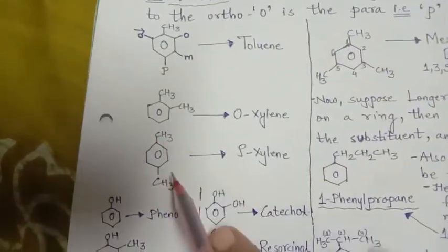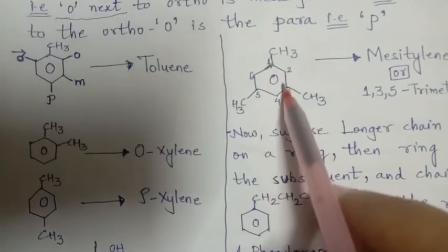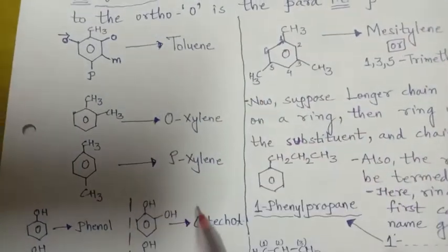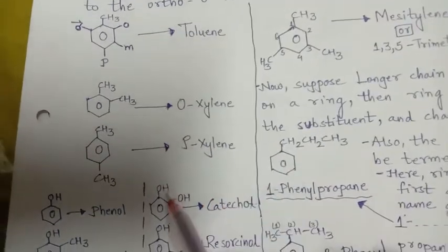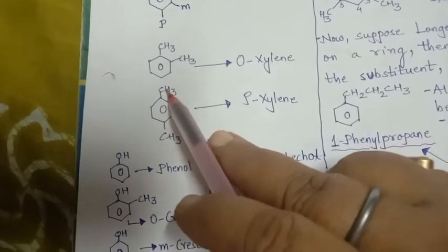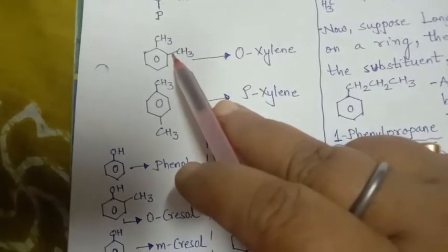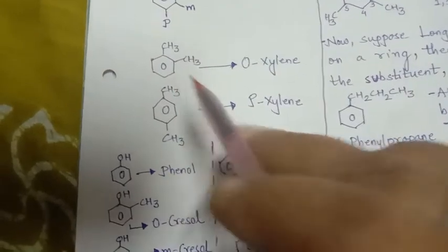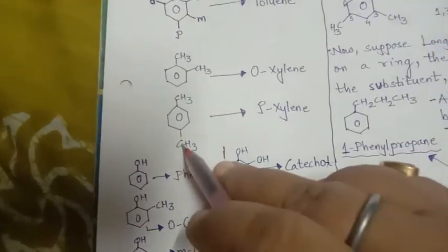Instead of these two, if one more is attached, see here benzene ring, CH3, CH3, CH3. Ortho, meta, para. This is CH3, this is CH3, ortho. Then the next attachment here will be the meta and this will be the para, right?